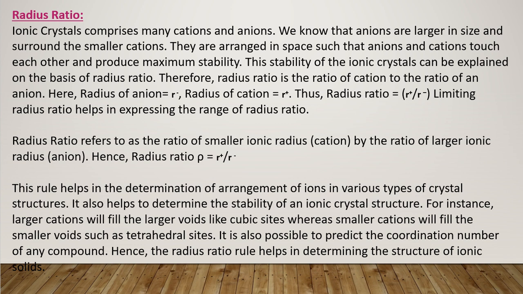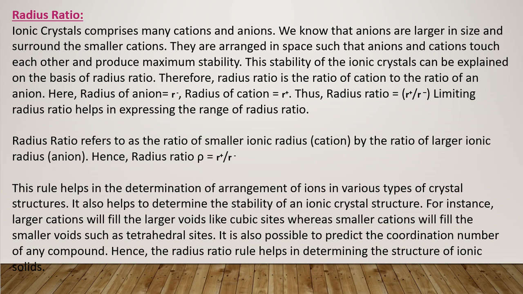Therefore, what is radius ratio? Radius ratio is the ratio of the radius of the cation to the radius of the anion. If I express the radius of the anion as r minus and the radius of the cation as r plus, then radius ratio will be r plus divided by r minus.